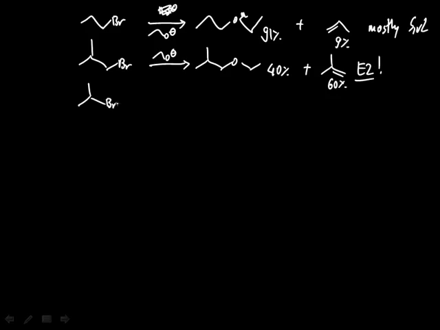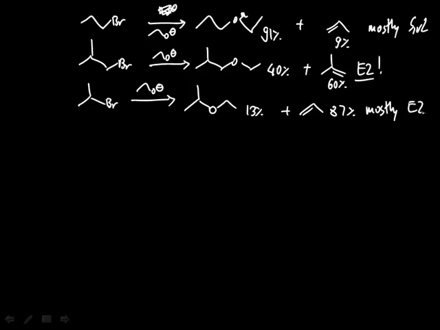If we go for a secondary substrate, such as this 2-bromopropane, then we will get very little, just 13% of substitution, and 87% of our elimination product. So this is mostly E2 now. And finally, in the case of tertiary substrates, the steric bulk is so large that we will get exclusively E2 product.